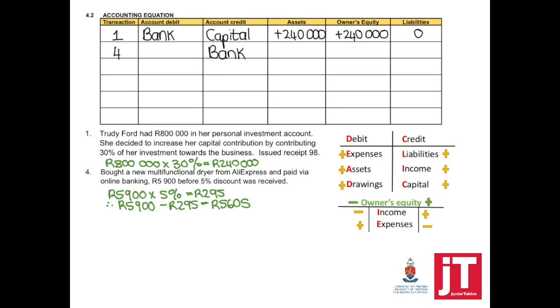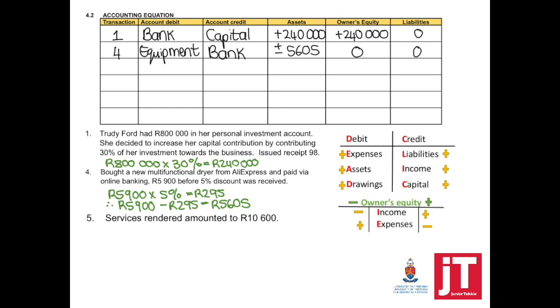From the CPJ, bank is always credited, the rest is going to be debited. That means equipment will be debited, both is classified as an asset. To be more specific, equipment is a non-current asset and bank is a current asset. That's why your assets will be plus minus. And then nothing happened with owner's equity, nothing with liabilities.